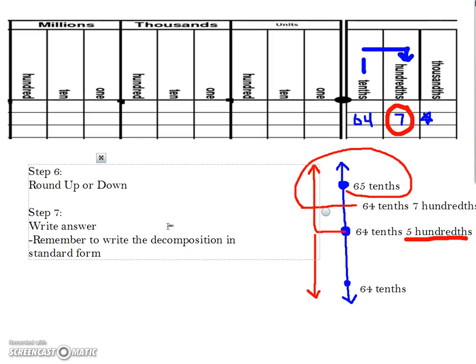So finally, step 7, we need to write our answer. And you need to remember that we have to write the decomposition in standard form. And what that means is we're not going with the answer 65 tenths. That is not in standard form. So we need to put it in standard form.